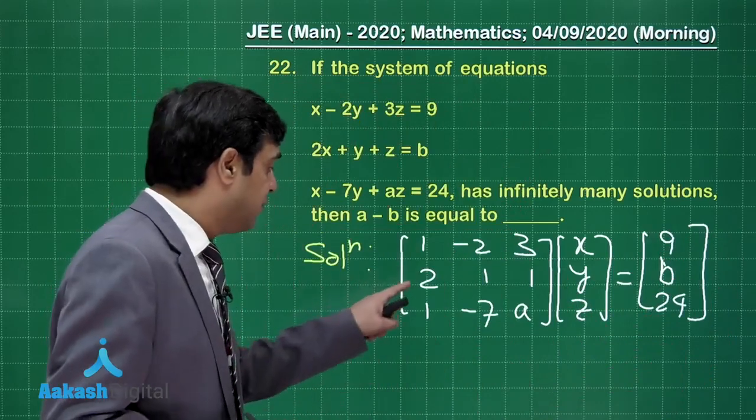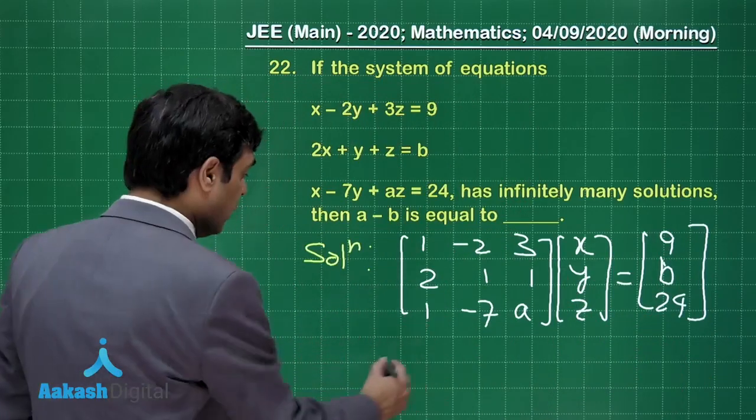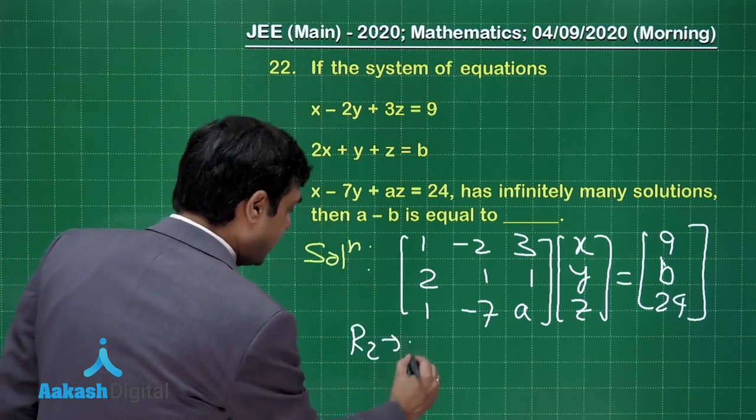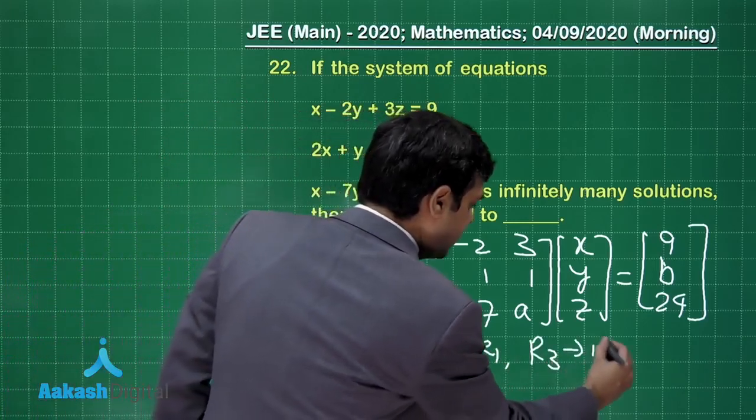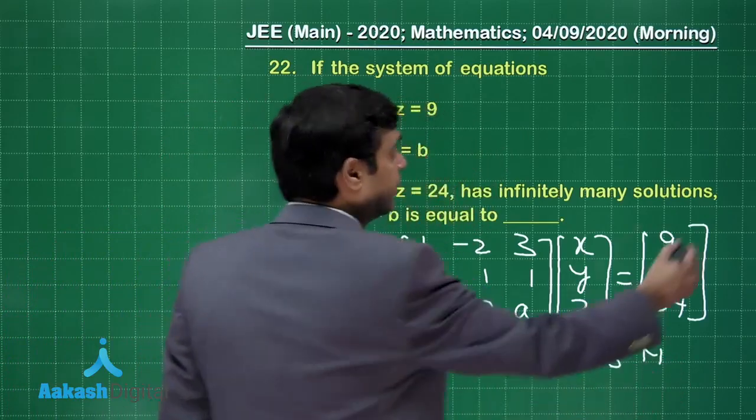Applying properties so that we can make these two elements 0. We can go for R2 replaced with R2 minus 2R1 and R3 replaced with R3 minus R1.